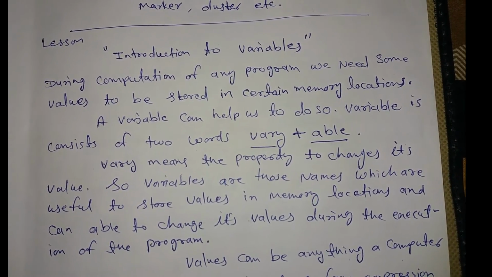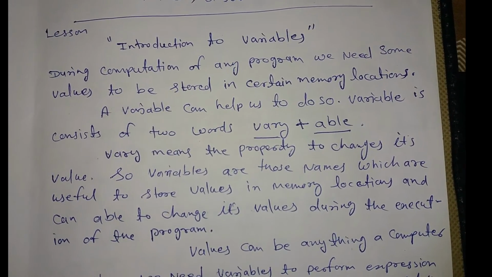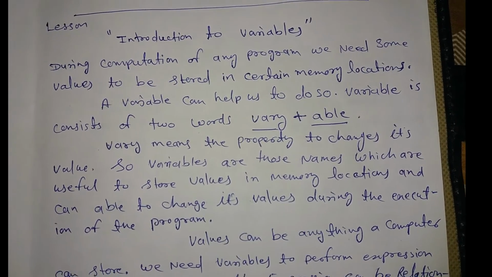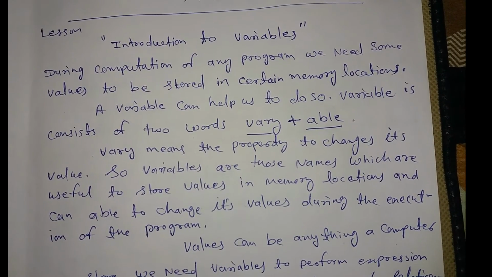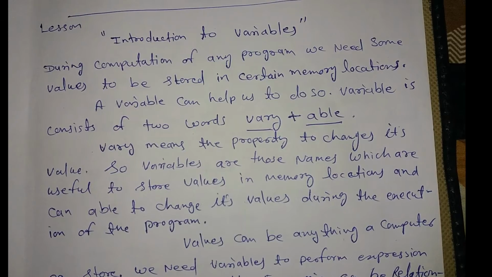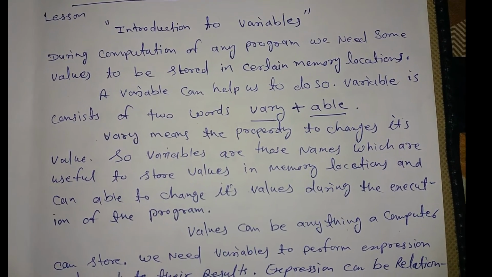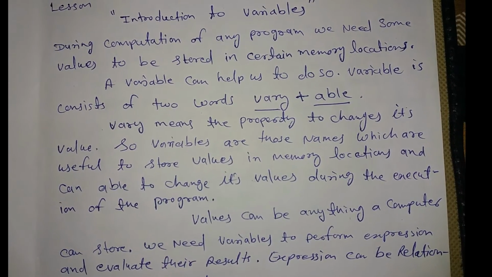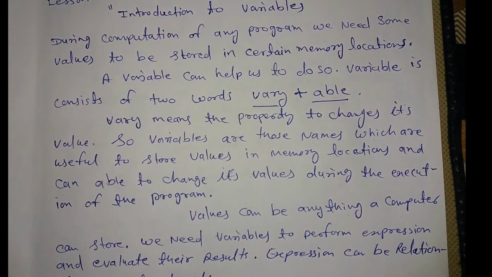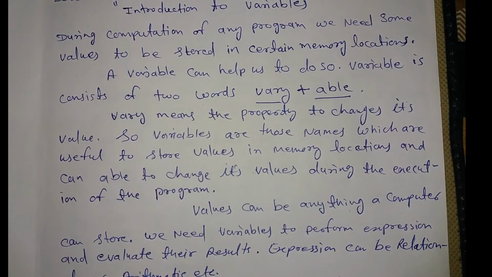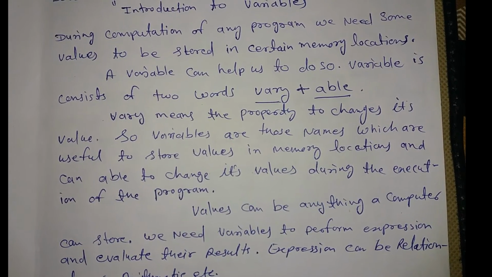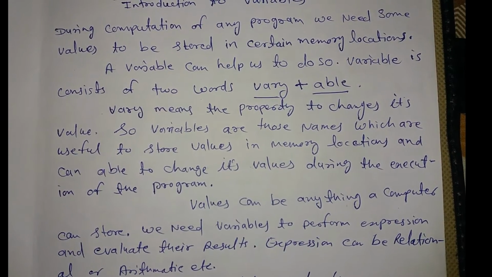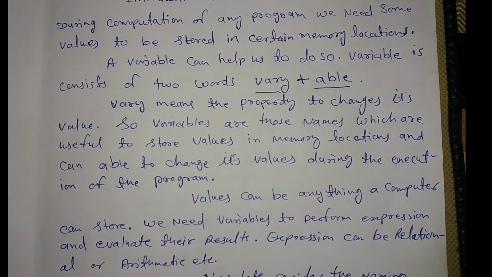So variables are those names which are useful to store values in memory locations and whose value can be changed during the execution of the program. Values can be anything a computer can store. We need variables to perform expressions and evaluate their results. Expressions can be relational or arithmetic, etc.